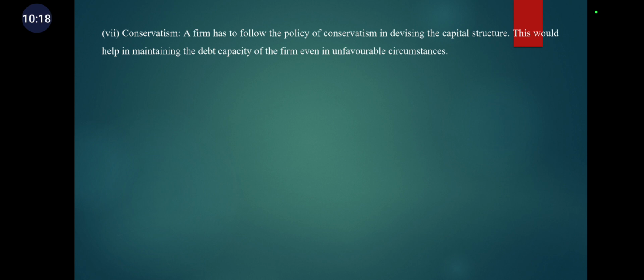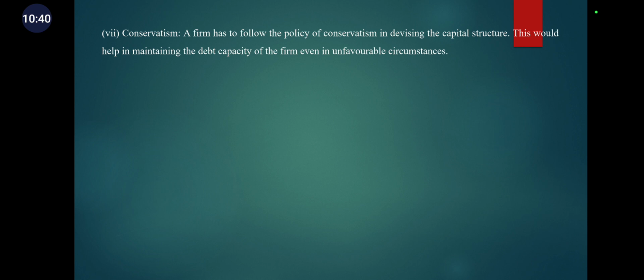They have to follow some old principles to have a successful profit, a successful life of a company. So the firm has to follow the policy of conservatism in devising its capital structure. This would help in maintaining the debt capacity of the firm even in unfavorable circumstances.